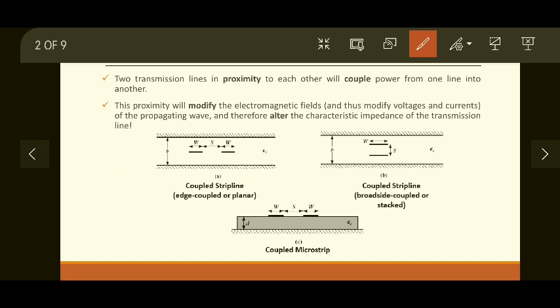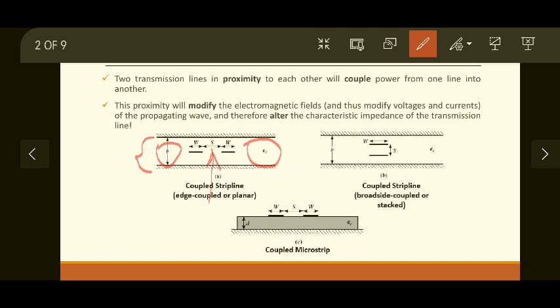These two conductors are spaced from each other via spacing S, and they are inserted inside a dielectric substrate of width B and dielectric constant epsilon r. So these two strip conductors are side by side to each other. Okay, and the spacing between them is S.